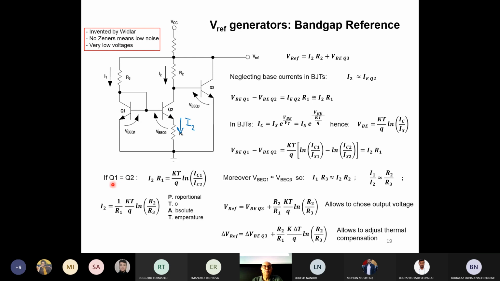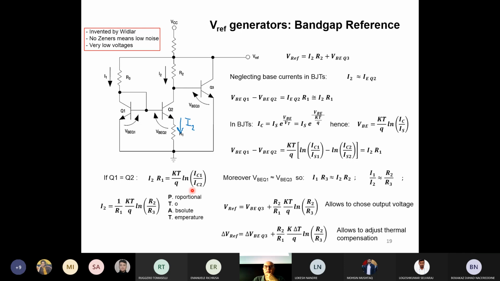Moreover, if I suppose that the two transistors are the same, they will be integrated, so take care to have two transistors which are more or less perfectly equal. When I take the ratio between these two terms, I can cancel IS1 and IS2, which are the same.